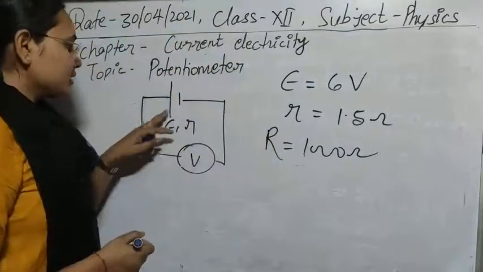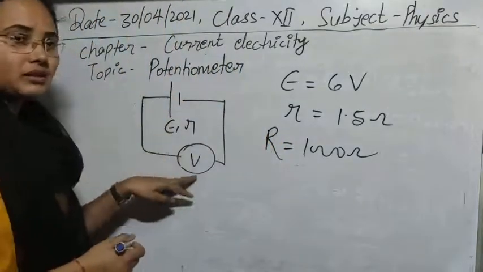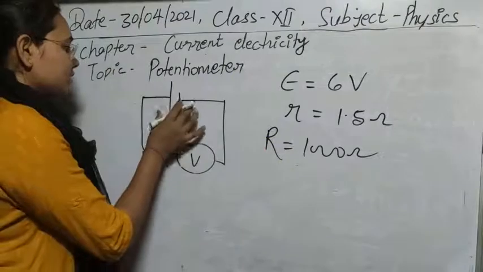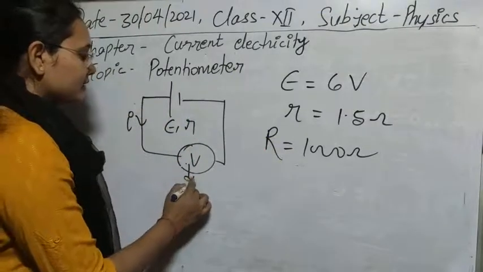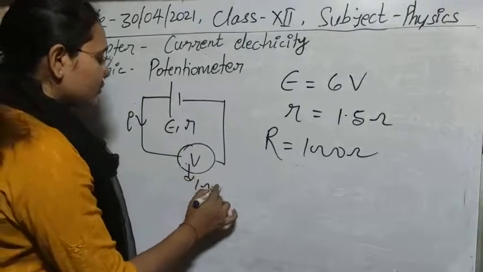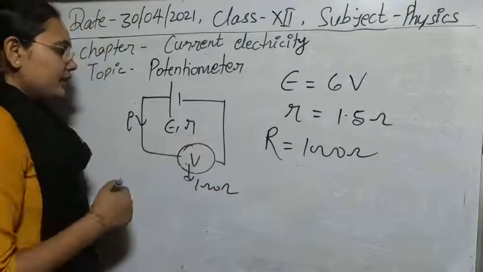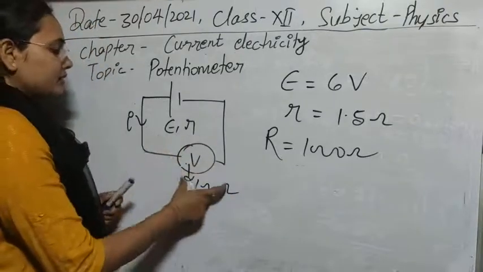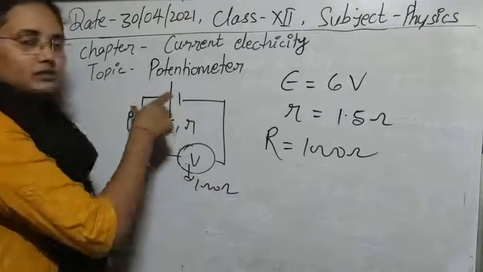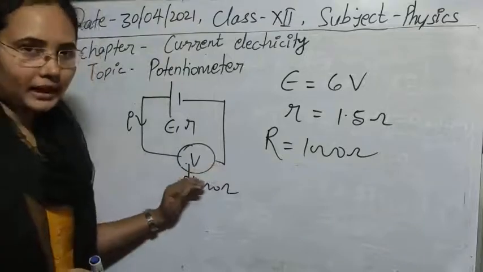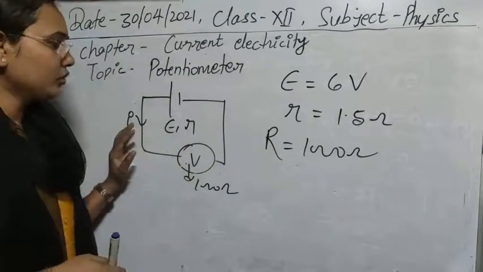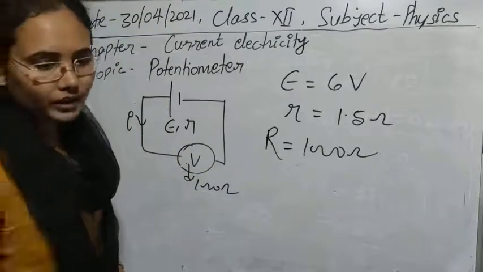So here we can measure the voltage of this cell by using it. Current I is flowing through it, and the voltmeter has a resistance given as 1000 ohm. So you can see that we have connected a resistor of 1000 ohm in series with this cell here. Again we can use the same formula that we used before to find the percentage error. So let's see how we can find it.